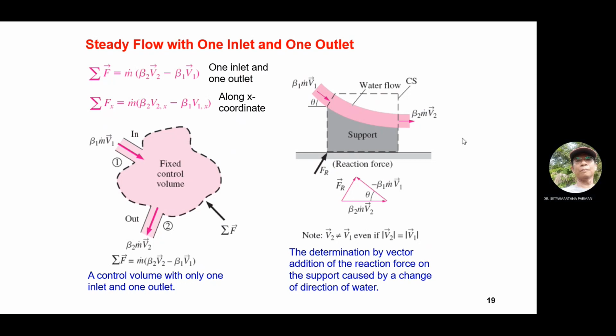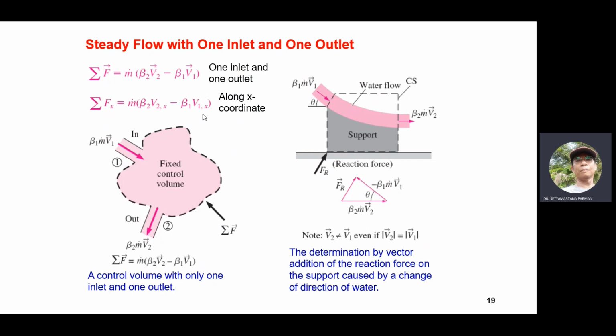Okay, if we draw the parameter of beta multiplied by the mass flow rate multiplied by the velocity, this part, beta 2 m dot and then v2, we can draw in this direction, and then beta 1 m dot v1 in this direction.